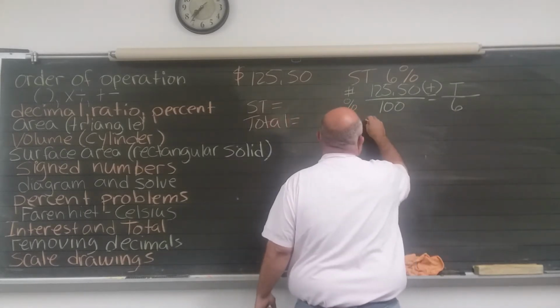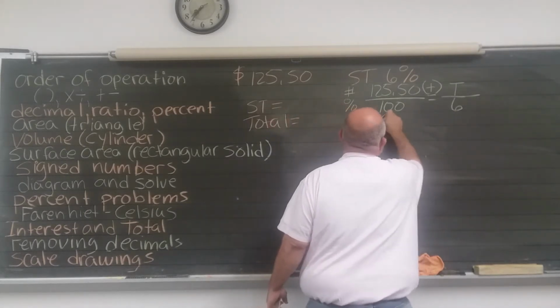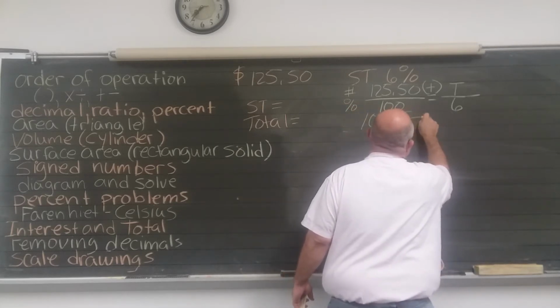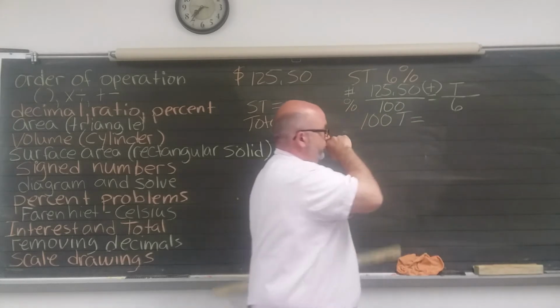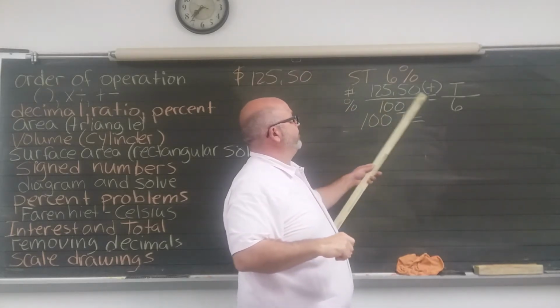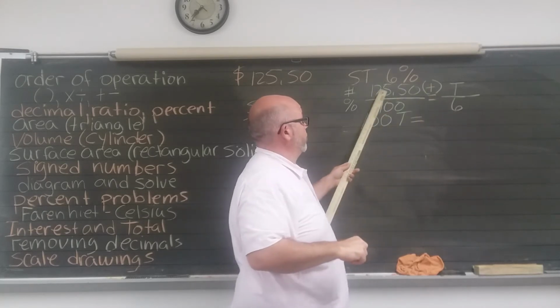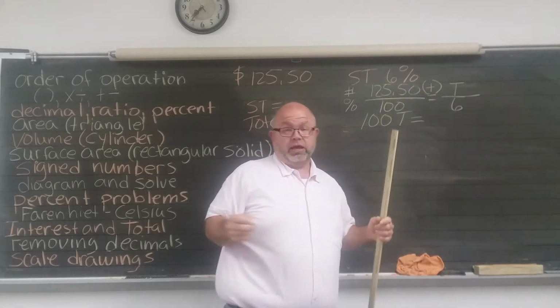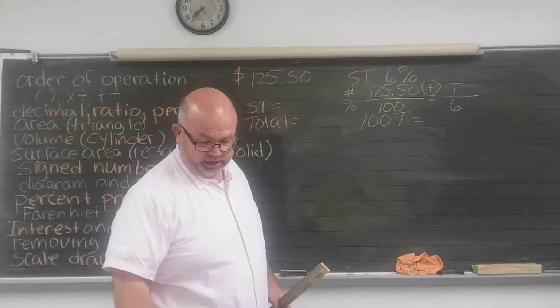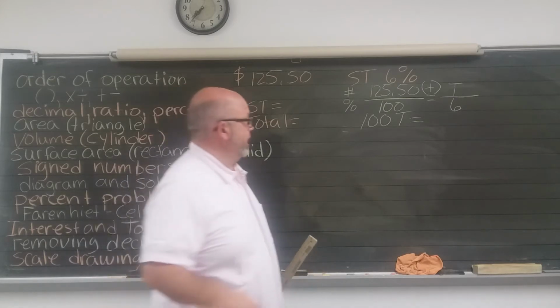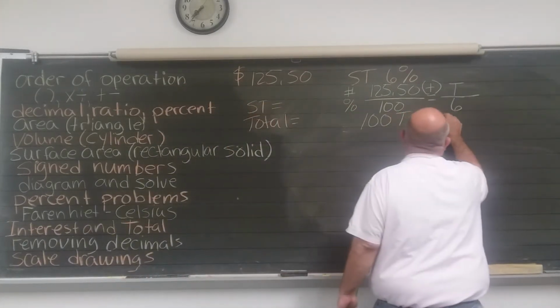So you have 100T equals, let's just do this right away. 125.50 times 6. You can drop that 0 right there and just have 125.5 times 6. But again, do the math carefully. 125.5 times 6 equals 753. Okay?